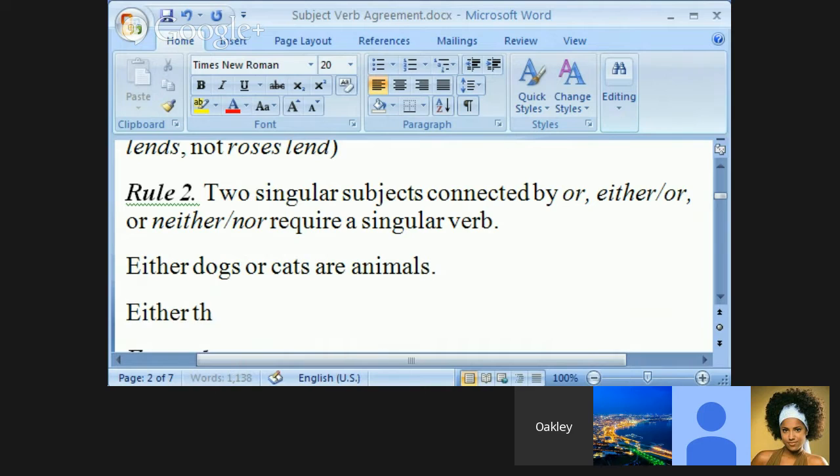Either the dog or the cat now eat meat. Okay. Now, Hussein, should it be "eat meat" or "eats meat"?